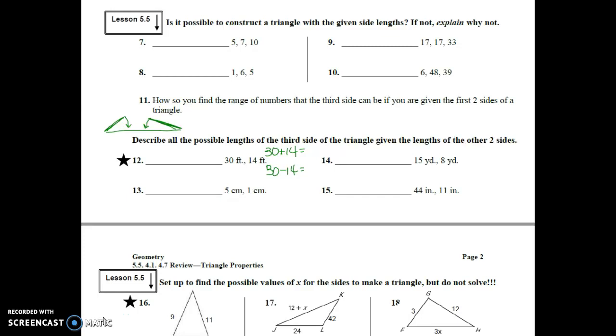When you add 30 plus 14, you get 44. When you subtract 14 from 30, 30 minus 14, you get 16. These two numbers right here are the smallest and the largest that the third side can be. So we say that that third side is between 16 and 44.